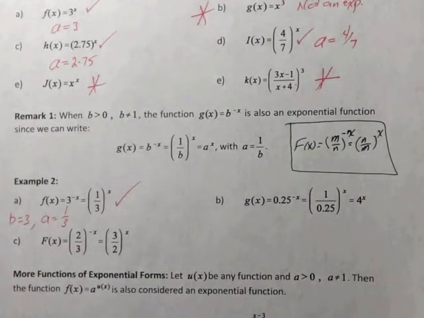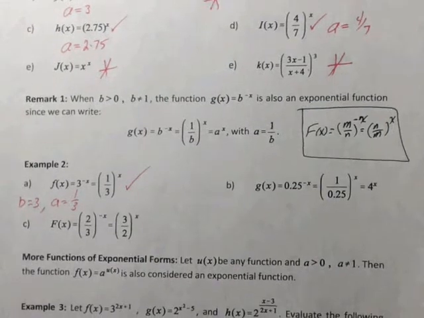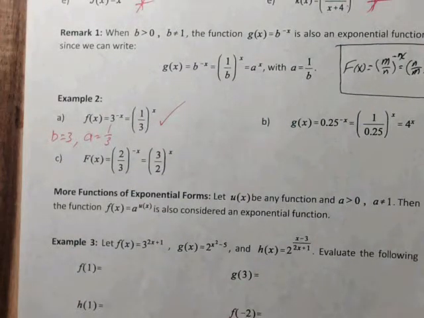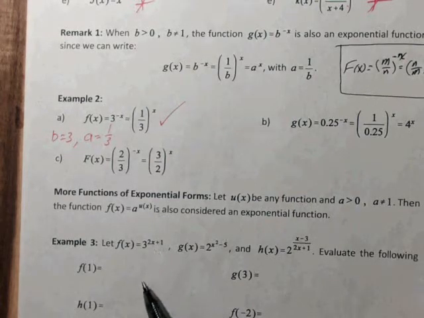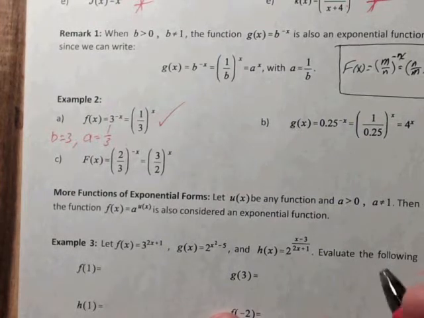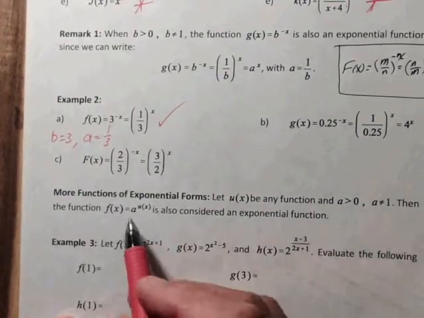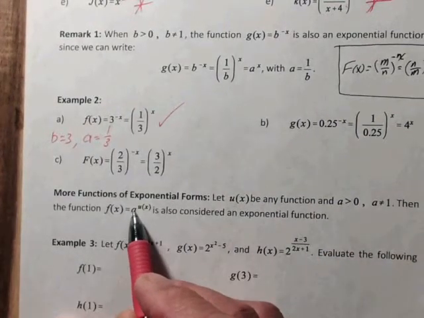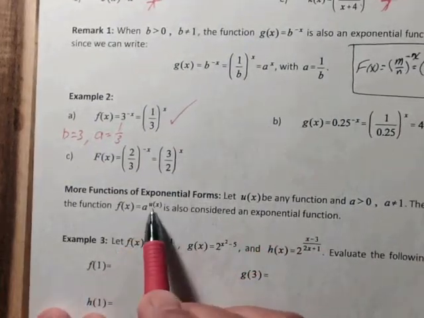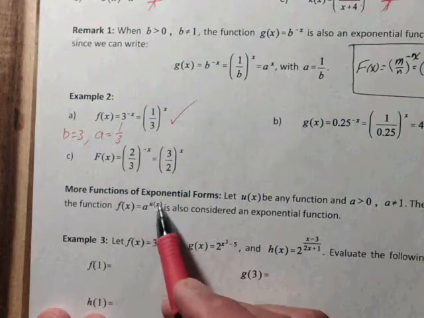Now, let's look at more involved forms of exponential function, or variations of exponential function, where you actually have something more than x in your exponent. So in general, I have something like, let's say, f of x equal to a to the power u of x. That means instead of just x, you have something more than x.